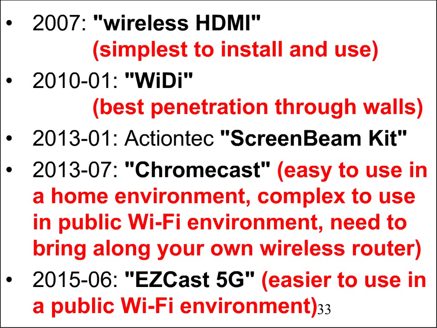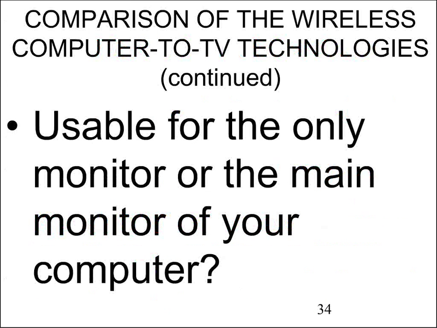And then the EZCast 5G is easier to use in a public environment because it bundles into its little dongle, I'm not using one of the words I told you about, a little router that handles the communications aspect of the device. So in a nutshell, that's my one sentence description of each one of these technologies.